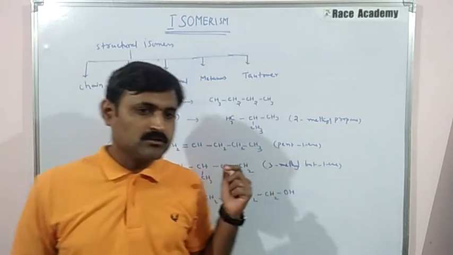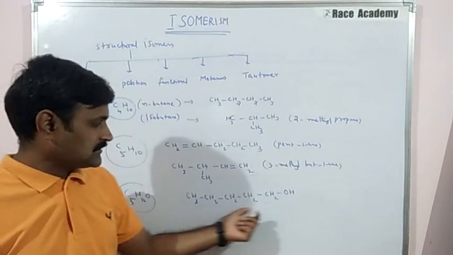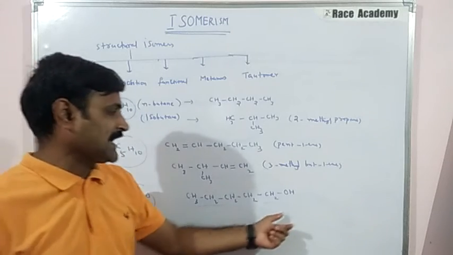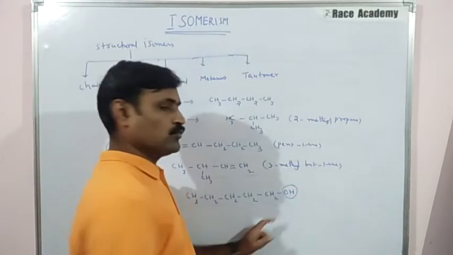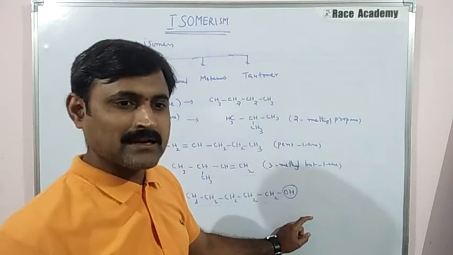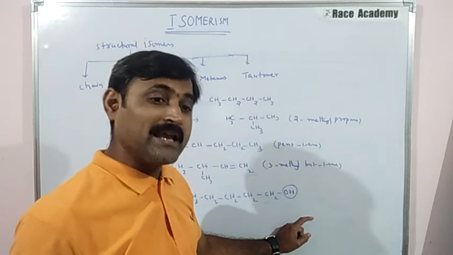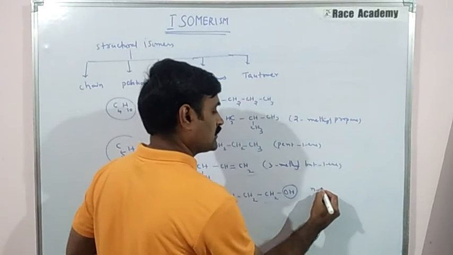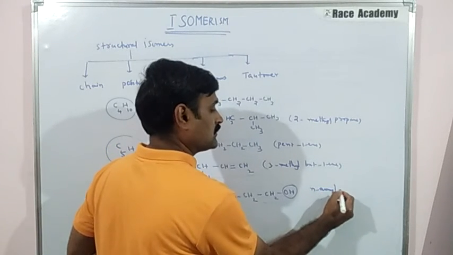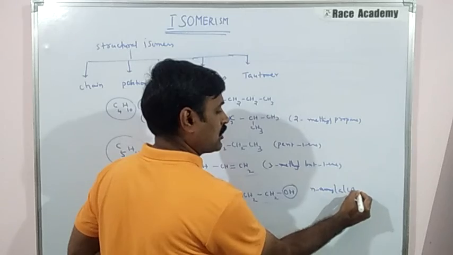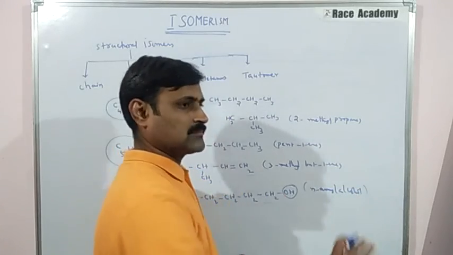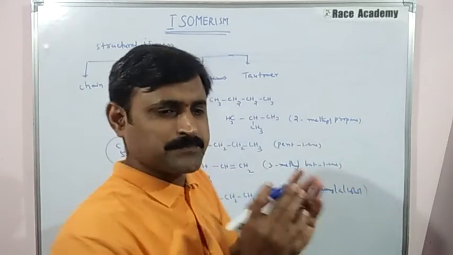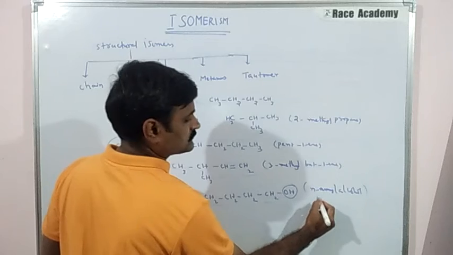So I continued writing 5 carbons attached to one functional group, OH, alcohol. I can call this amyl alcohol, or by IUPAC name, pentan-1-ol.